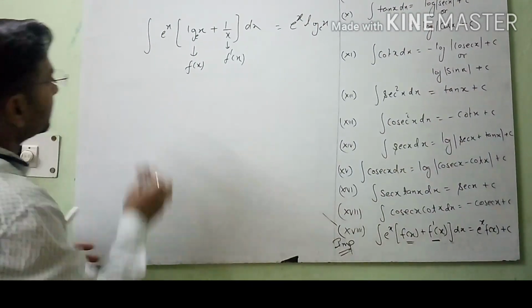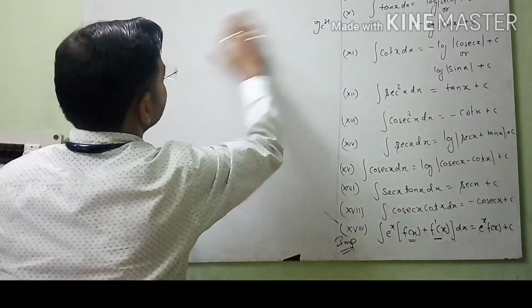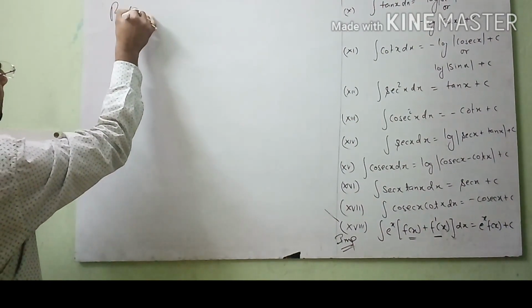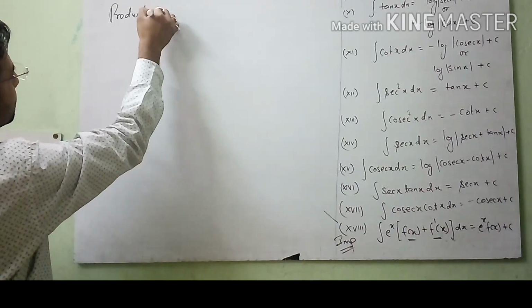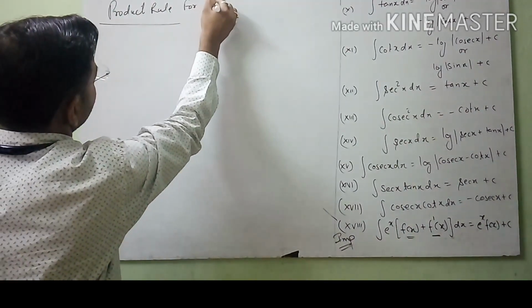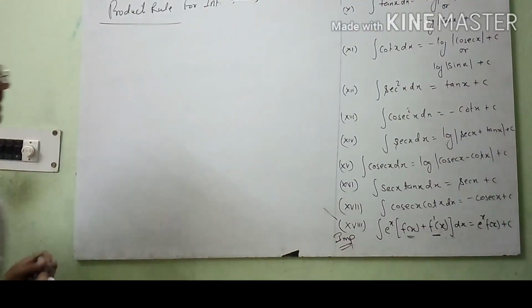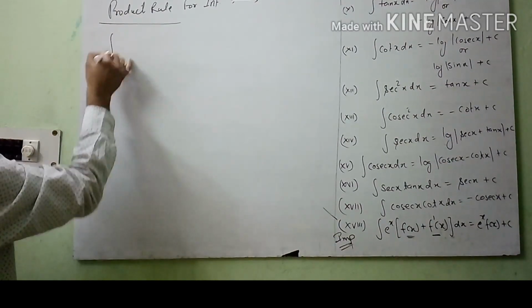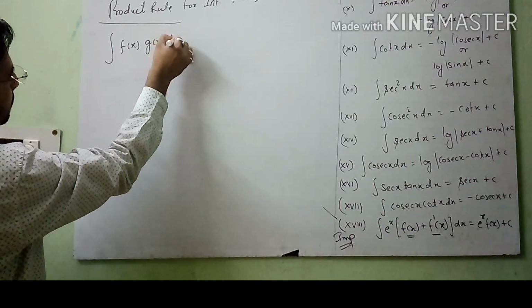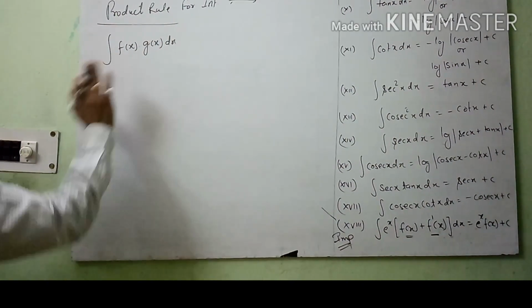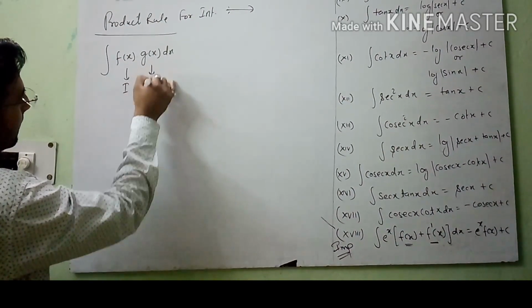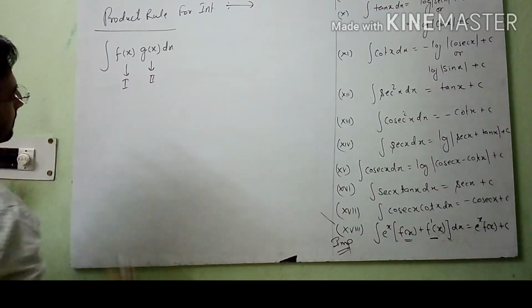Okay students, after that, one important formula is the product rule for integration. See here how we will write this product rule. Suppose I have f(x) and g(x), two functions, and I want to integrate them. Suppose f(x) is our first function and g(x) is our second function.